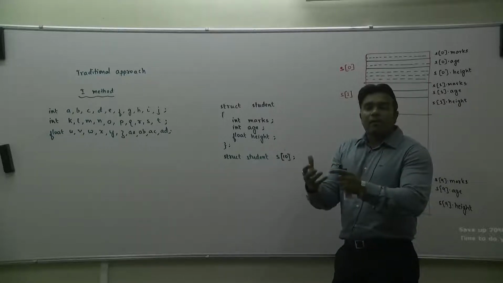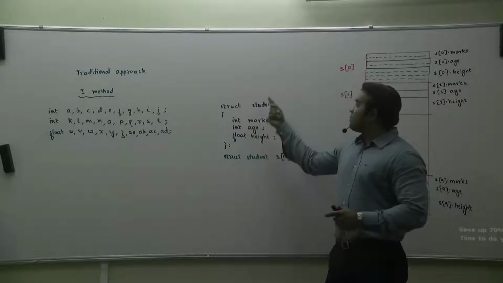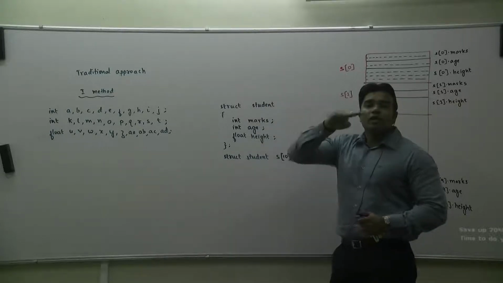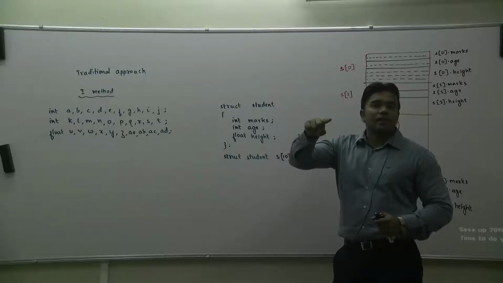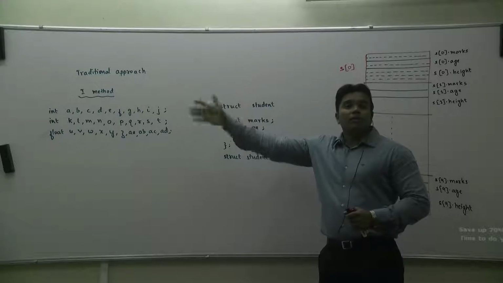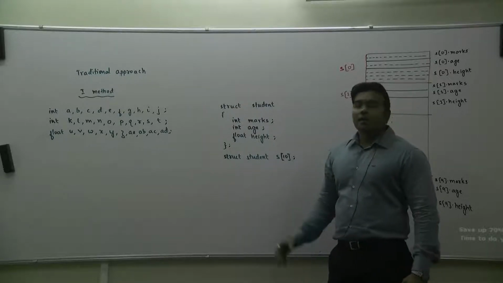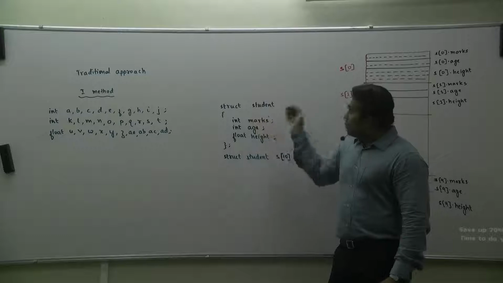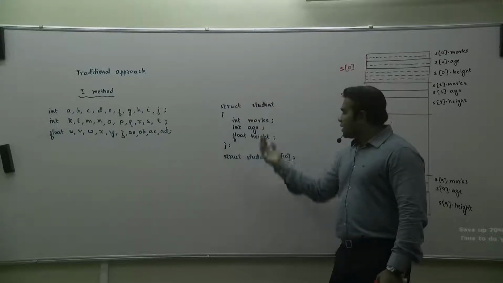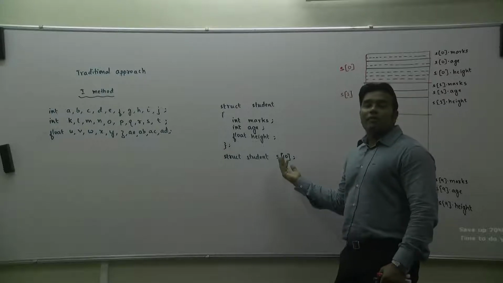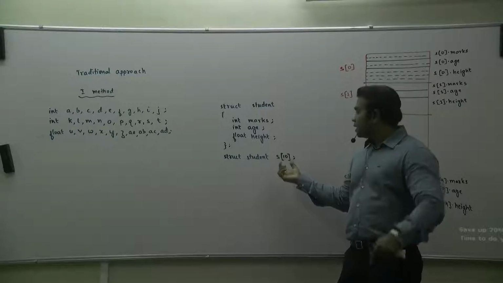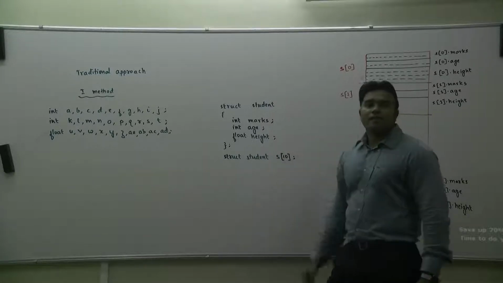Heterogeneous data, but all with respect to the same group of people. If that is the case, don't create separate arrays. Also don't create separate variables. That would be even more disastrous. Create a structure, put all that heterogeneous data in it, and then create an array. Not an array of primitive data types like int, float. Rather, create an array of structures.